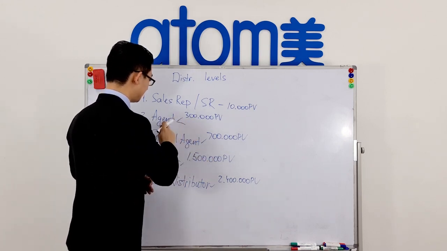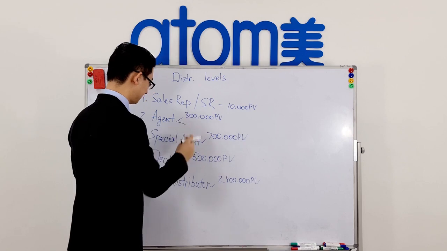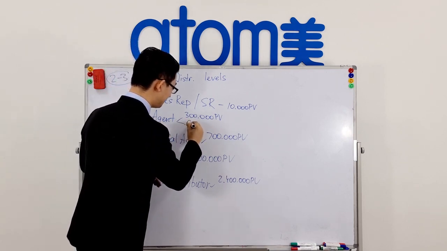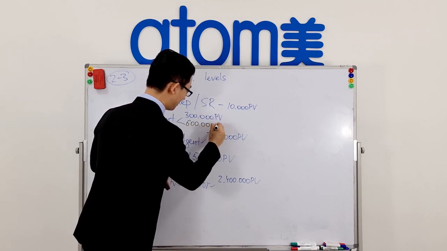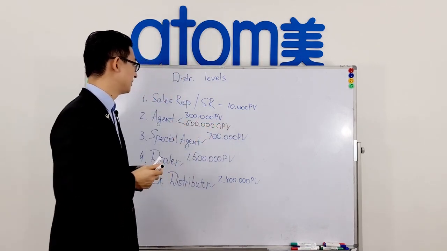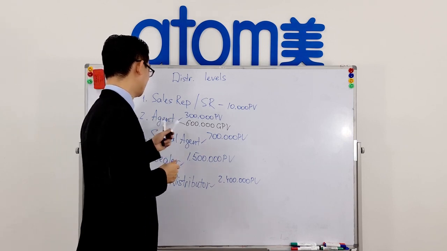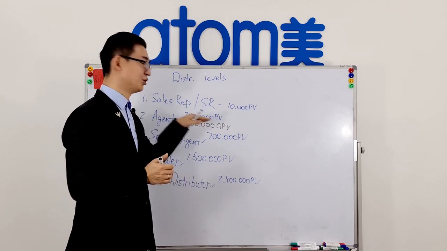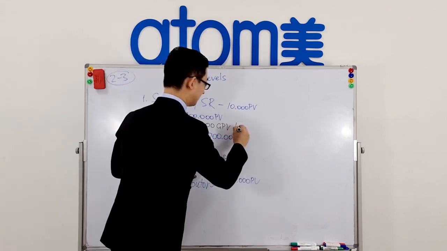In order to become an agent and all levels down, you need to achieve twice as much group PV as you need personal PV. So I mean that if 300,000 personal PV is required, another way is to accumulate 600,000 group PV last month.